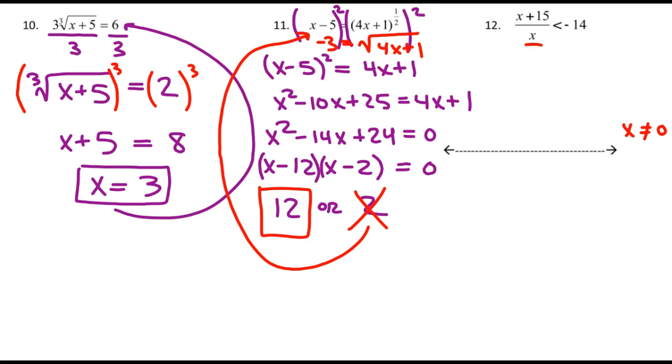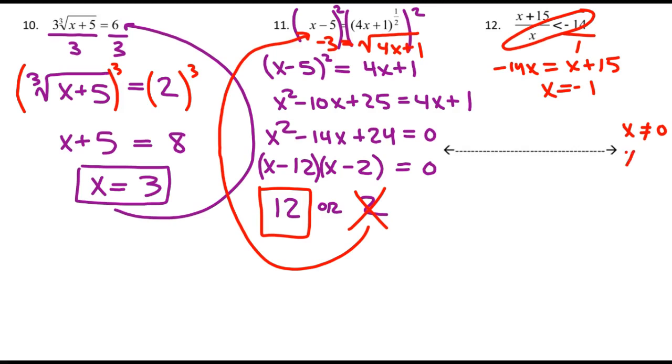So that's one of the critical values. The other one is what I get when I solve it. So I'm going to do cross products here and do x times negative 14. So that's going to be negative 14x equals 1 times x plus 15. Subtract the x over, I get negative 15x equals 15, so x is negative 1.